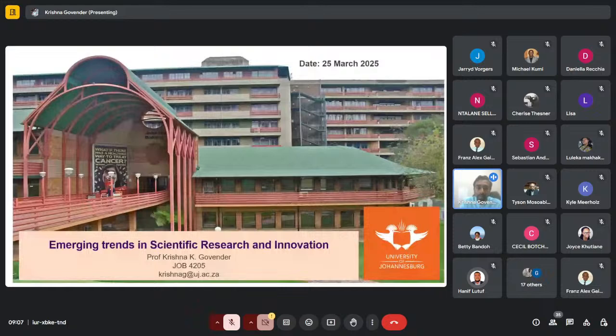Then there's hybrid QM/MM, and then something called molecular dynamics. So I'm going to touch on each of these sections during this talk today. I'm not going to go into very deep detail of the maths and the physics behind it, but it's just to give you an idea of where one would apply these different methods and to what type of systems you would want to apply these methods.